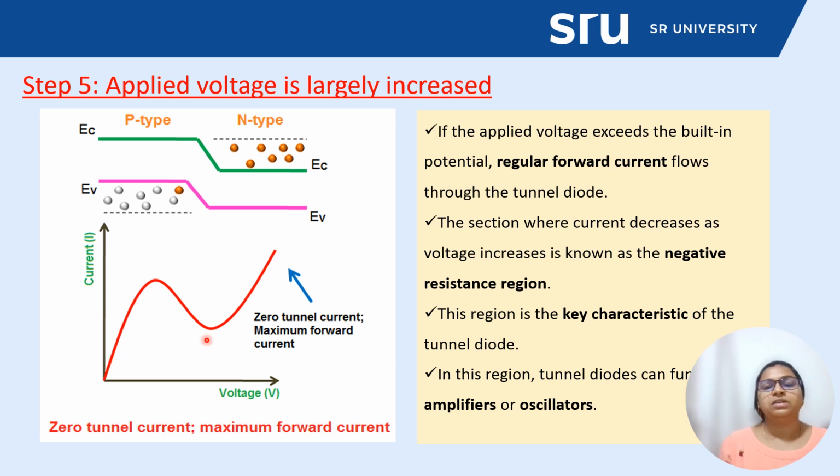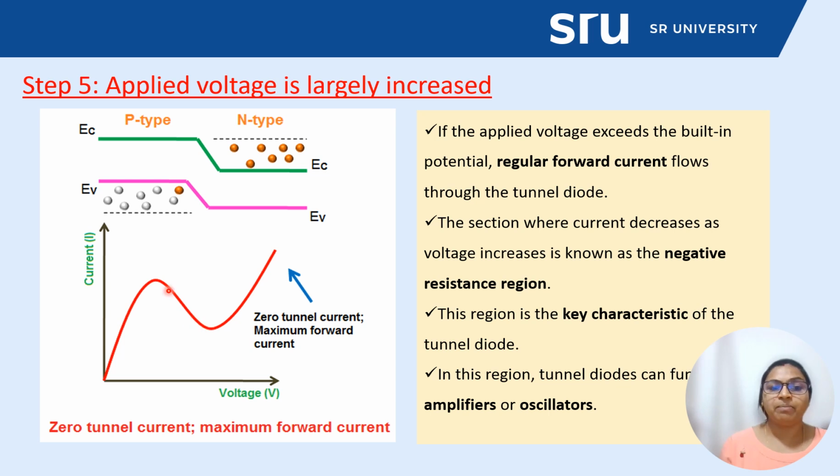So basically, we are applying a voltage much greater than the built-in potential of the depletion layer, and the regular forward current flows through the tunnel diode. The portion where the current decreases while the voltage increases is the negative resistance region of the tunnel diode.